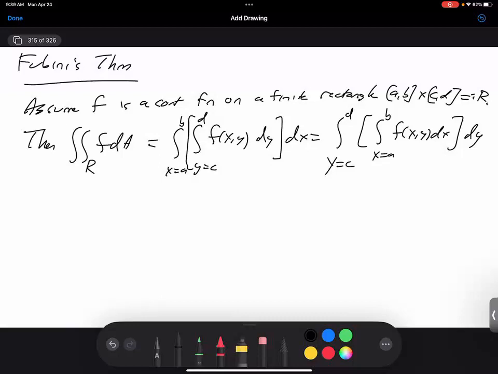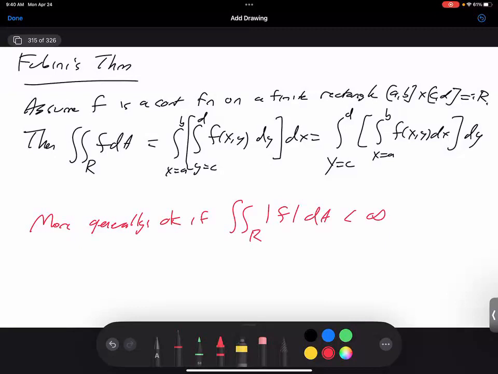So Fubini's theorem is a beautiful way to compute things. And the key condition is we need our function to be continuous on a finite rectangle. This is not the most general condition. More generally, we're okay if the integral over R of the absolute value of f dA is finite.